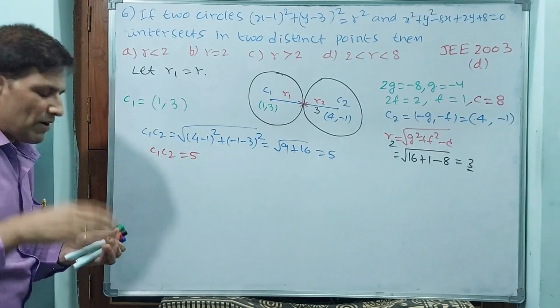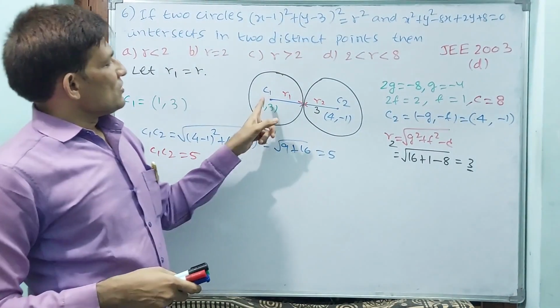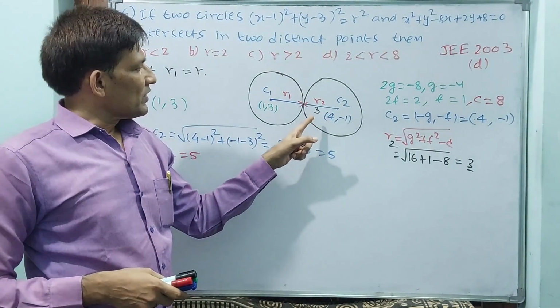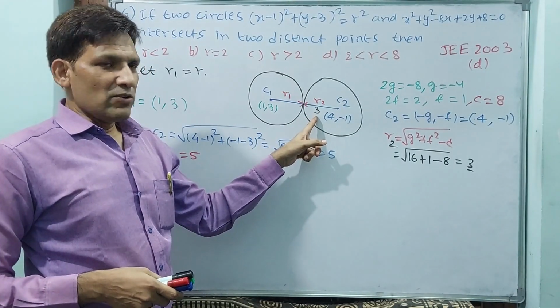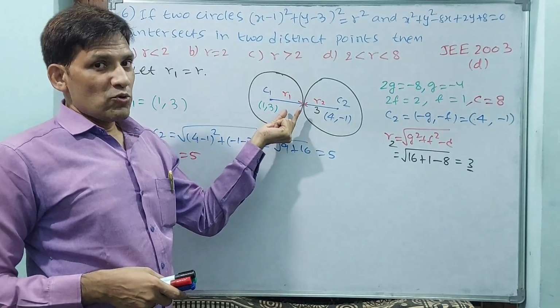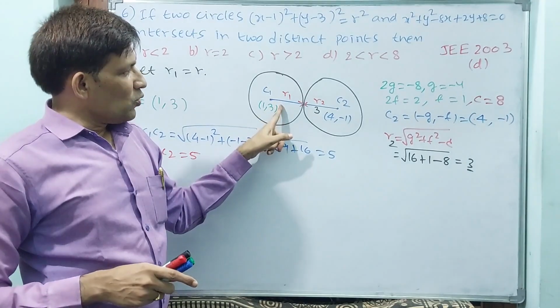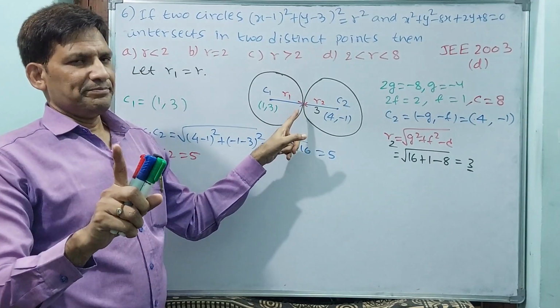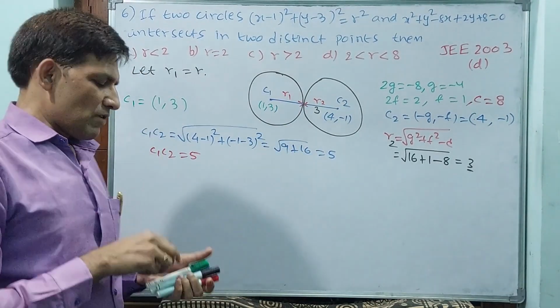Now, I want to tell one thing. C1C2 is total 5. Subtract 3 from 5, R1 is going to become 2. If R1 is 2, it only touches at one point.